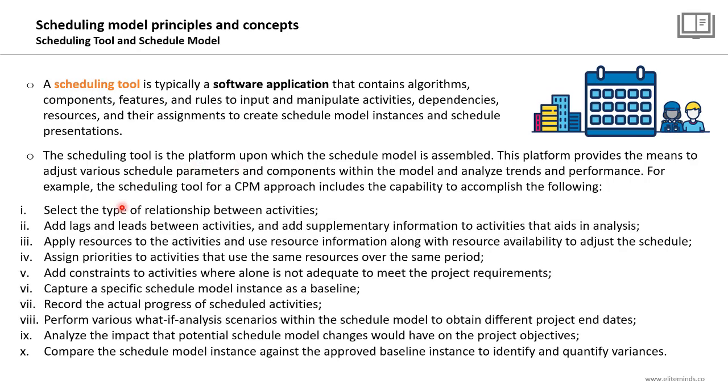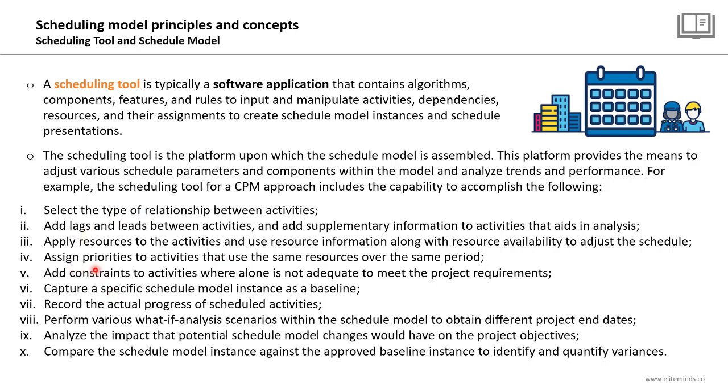You will be able to select the different types of logical relationships between the project activities. You will be able to add the lags and leads between activities and add supplementary information to activities that aids in analysis. You will be able to apply resources to the activities and use resource information along with resource availability to adjust the project schedule.